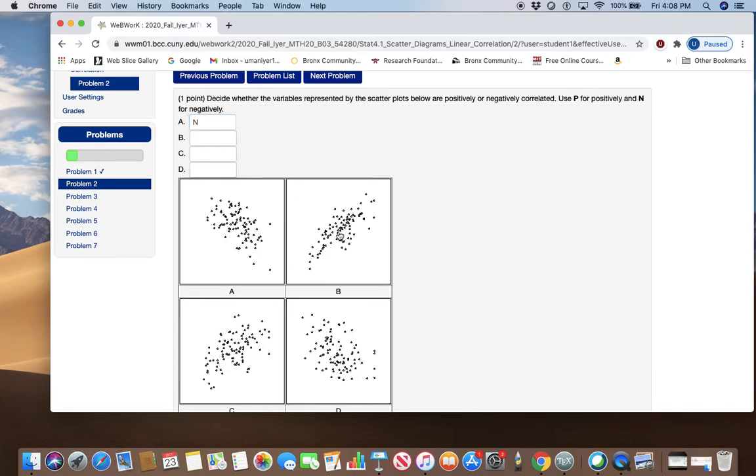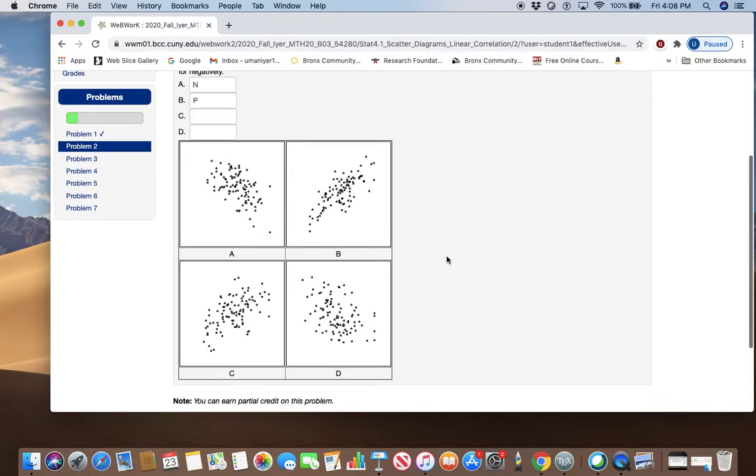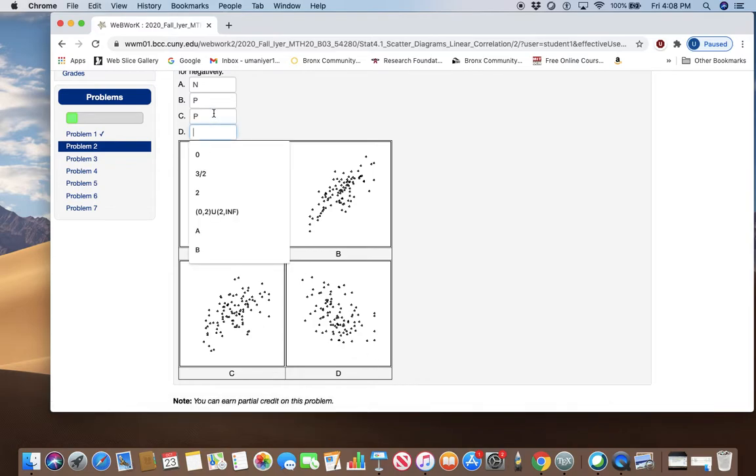B, these are climbing up, so this is positively correlated. These are also climbing up. It's more dispersed, but still climbing up, so that's positively correlated. This is falling down, negatively correlated.